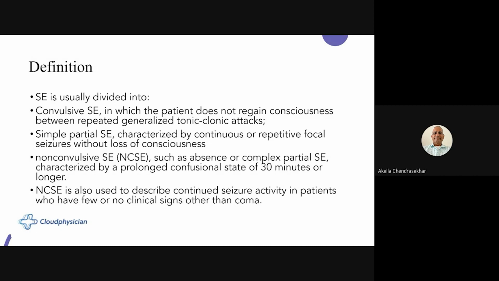Now, oftentimes the seizure doesn't start off as a generalized seizure. It starts off as a localized seizure, and then it starts expanding out to a full generalized seizure. Now, if you're watching carefully, you can pick up on this. Convulsive seizures are usually the most common. And they can be due to many things, and we'll talk about the different things that can cause it.